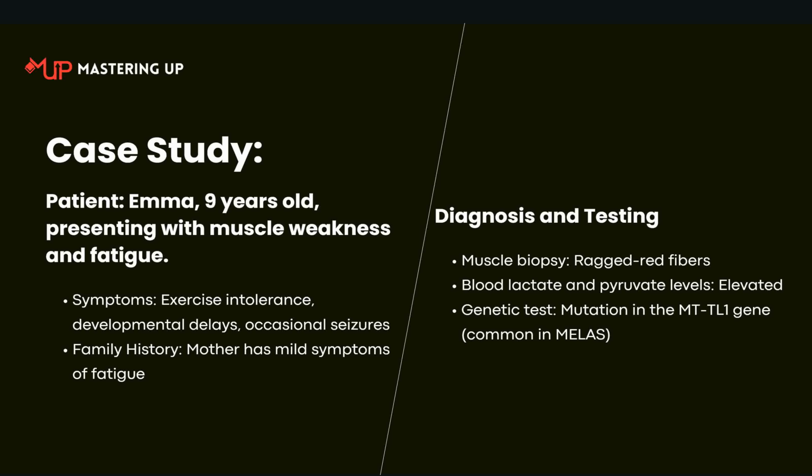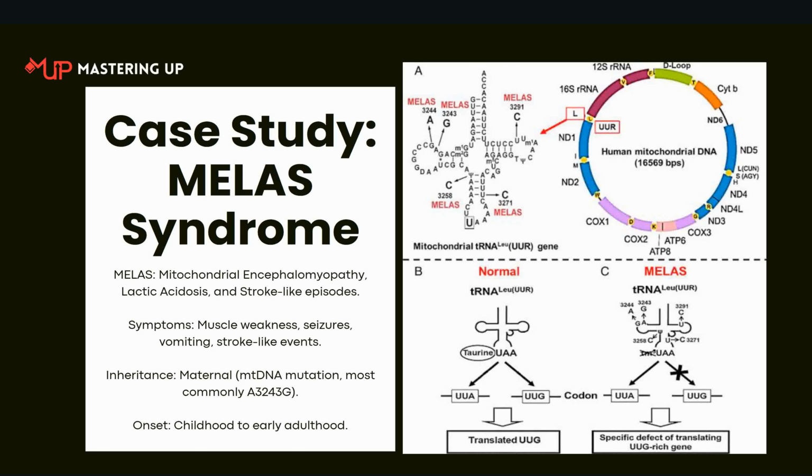Let's see MELAS in detail. Our primary case study is MELAS syndrome, a well-known genetic mitochondrial disorder. It typically begins in childhood and manifests with neurological and muscular symptoms due to poor energy metabolism.